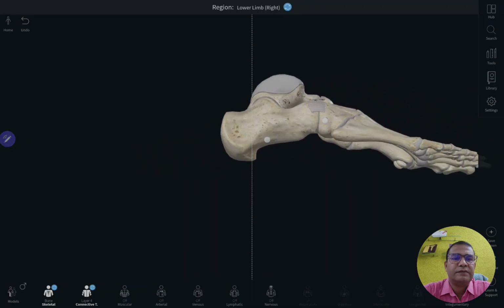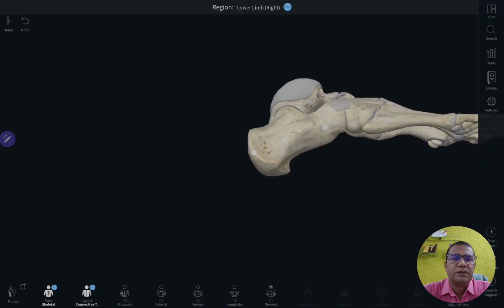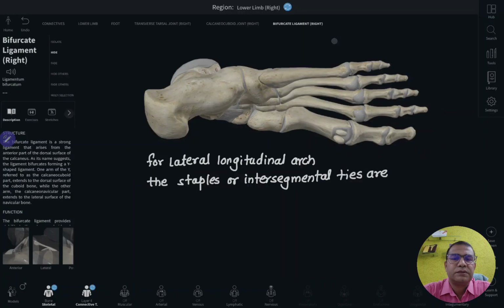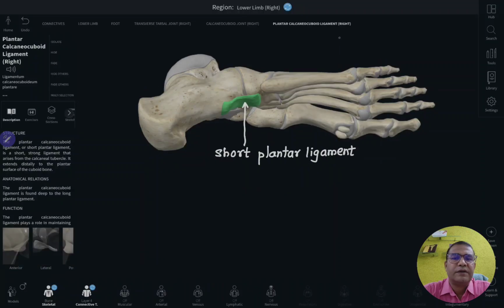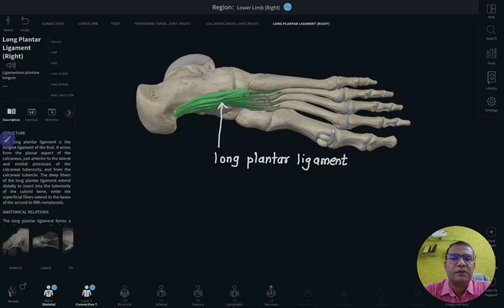On the lateral side, the ligaments supporting, or the staples or intersegmental ties, are formed by first short plantar ligament, which is connecting calcaneum to the cuboid, and then we have superficial to it long plantar ligament.